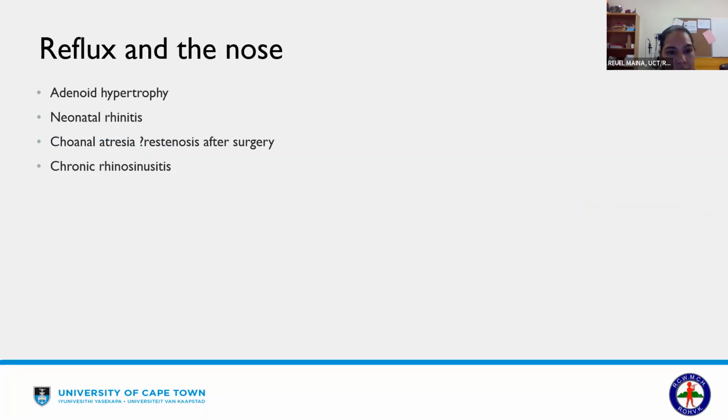Reflux and the nose, specifically in children: often these kids have adenoidal hypertrophy. They can present with neonatal rhinitis. In patients with choanal atresia, there are some small studies showing that patients with LPR have an increased incidence of restenosis after surgery. And there is an association between children with chronic rhinosinusitis and reflux.